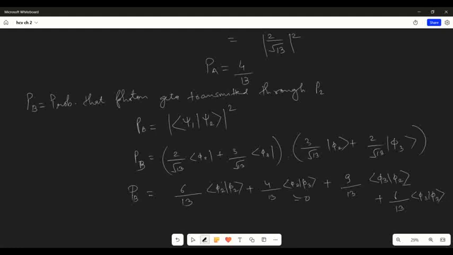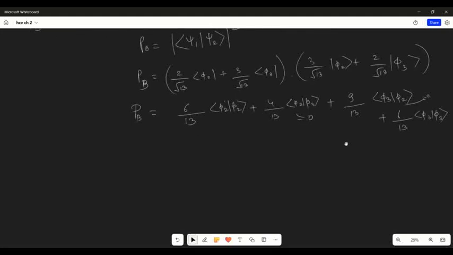Phi 2 with phi 2 and phi 3 with phi 3 will give 1. And obviously it's mod square.